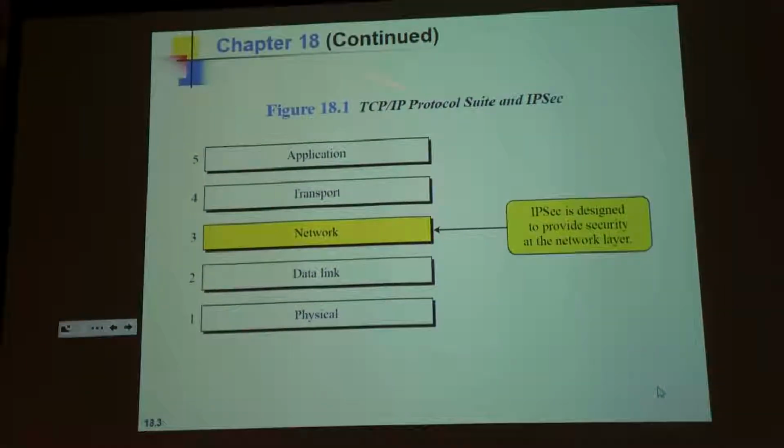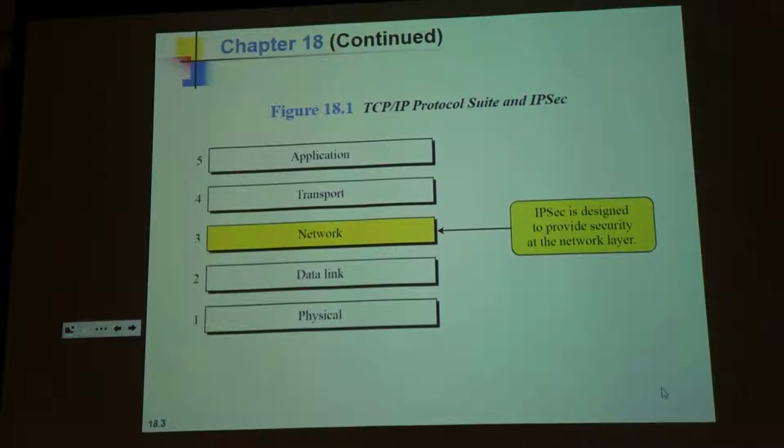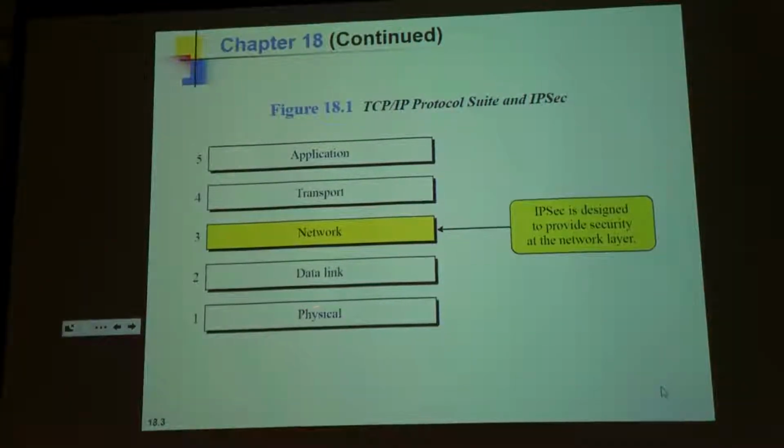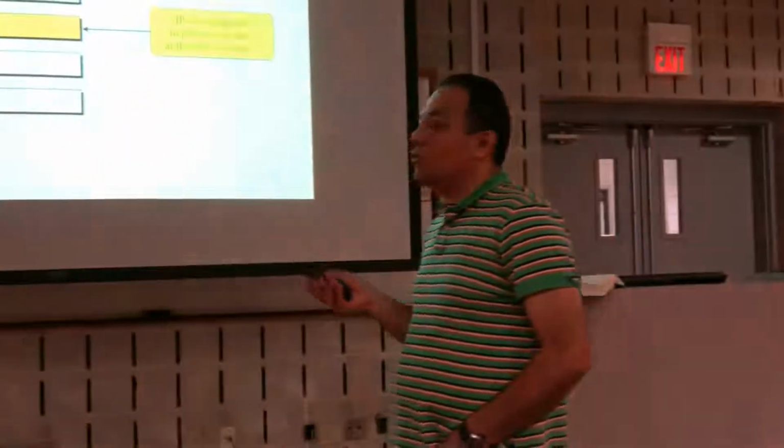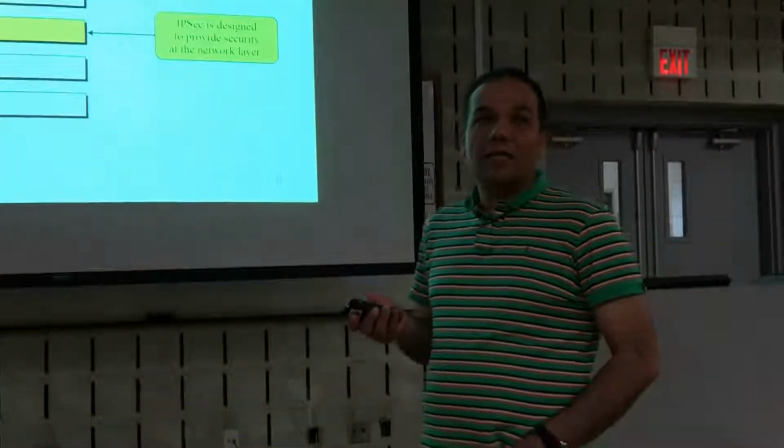So basically, the TCP/IP protocol suite, as you know, starts from the physical, data link, network layer, transport, and application. We are trying to provide IP security at the network layer. Usually in the application or transport layer, we could provide end-to-end security.